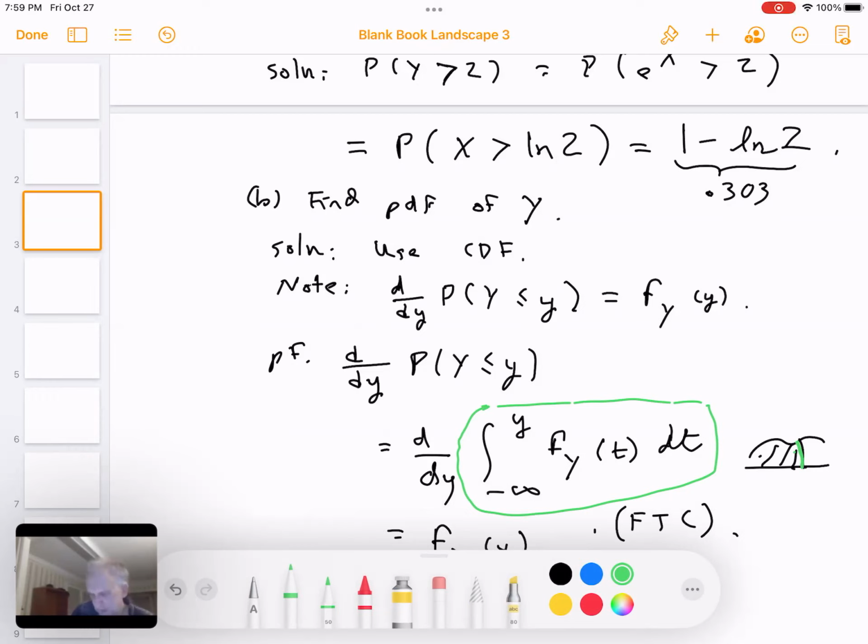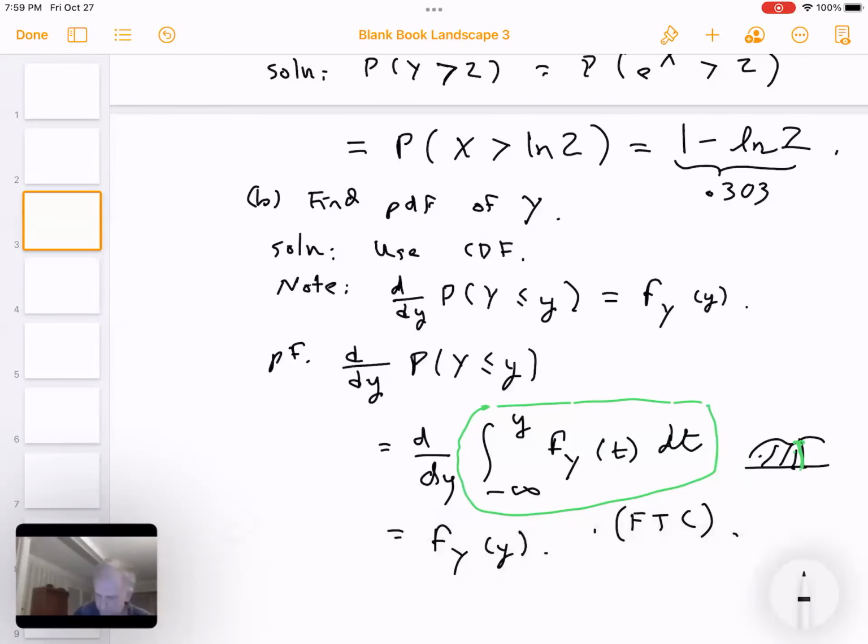If it's a higher function, then the area is going to be increasing faster. If it's 0 at this moment, there's no net instantaneous increase in the area. If it's negative, it's increasing negatively. So the derivative of this is represented by the height. Really just a big statement that says the derivative and the integral are inverses.